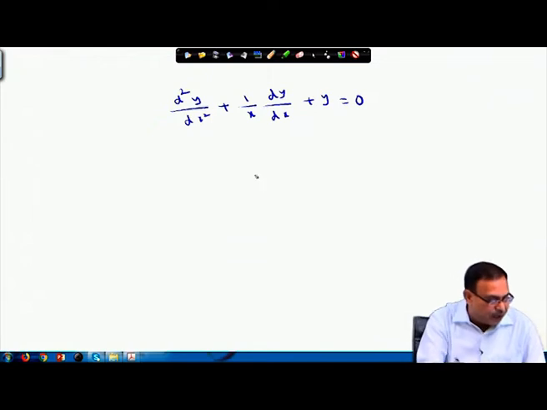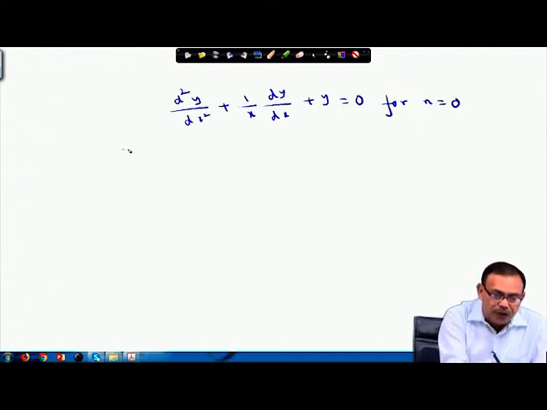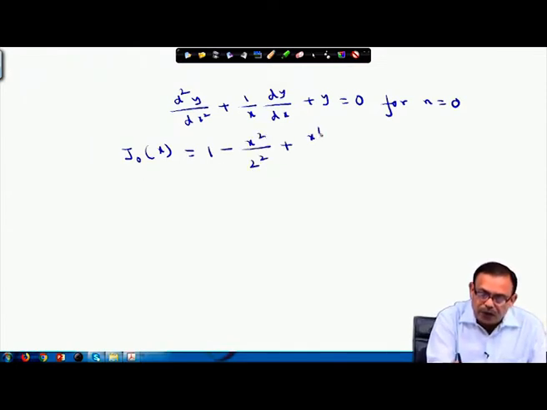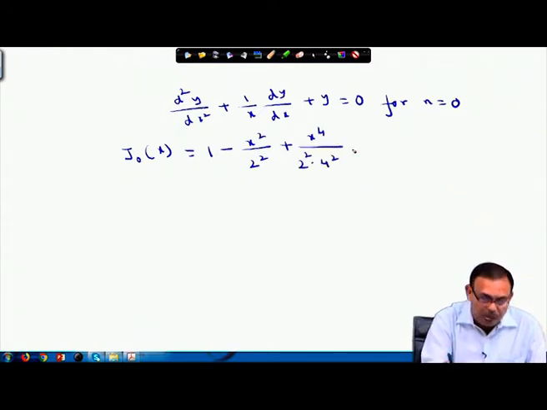This equation is known as the Bessel equation for n equals 0, and we write the solution as J_0(x), which equals 1 minus x square by 2 square plus x to the power 4 over 2 square into 4 square minus x to the power 6 over 2 square into 4 square into 6 square, and it goes on like this.